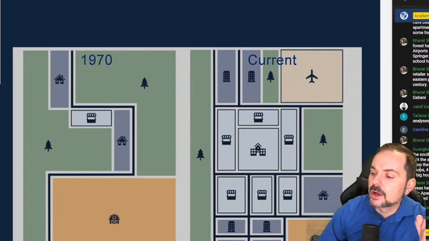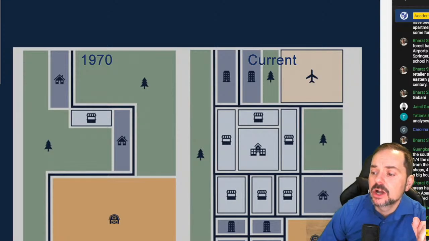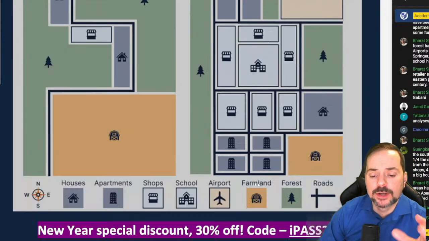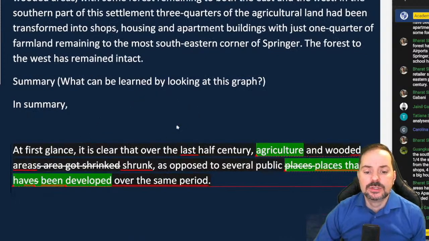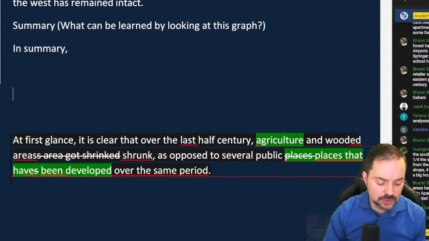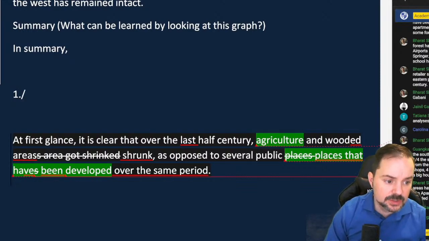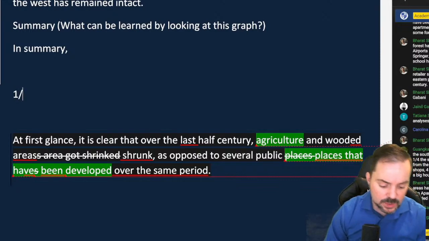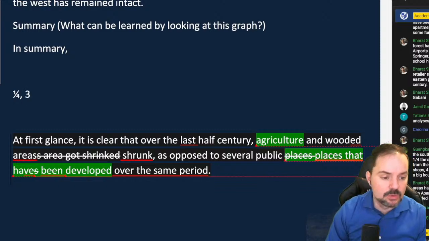Okay. Gong Kai Ren says farmland on the south part has shrunk to about a quarter the size of the past. Gonkai, I like how you're using 1/4. So instead of writing out one quarter, Gonkai is just using 1/4 like this. Okay, and that's good to do as well in writing so that you're saving time and space. This would be 1/4. Okay, or the other term that I used is 3/4.